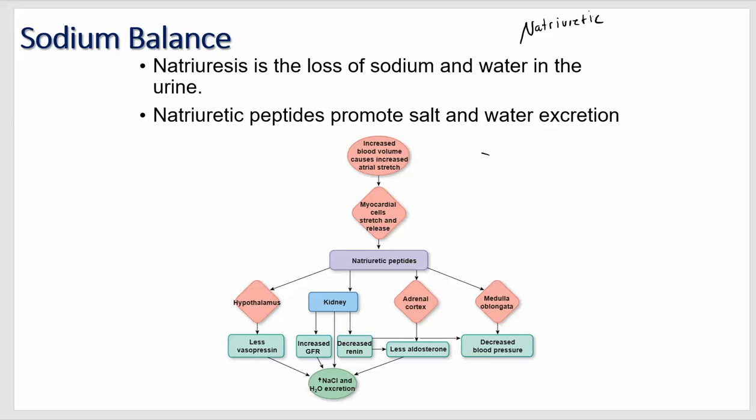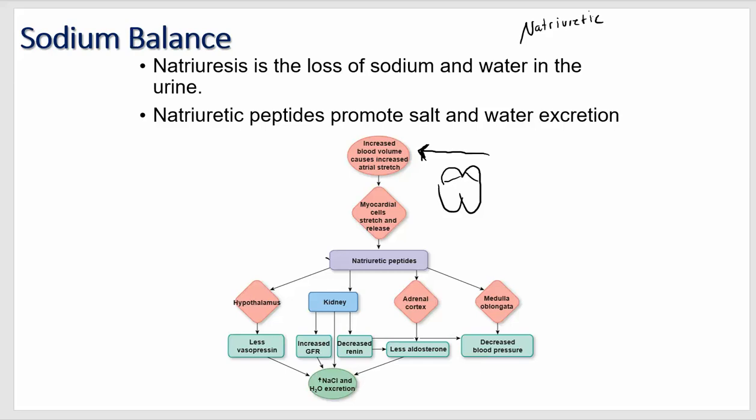Let's go through this flow chart again, just to make sure I'm saying everything right. Increased blood volume causes increased atrial stretch, so that's on the atria of the heart. Myocardial cells stretch and release natriuretic peptides, and the natriuretic peptides have their effects in lots of places.